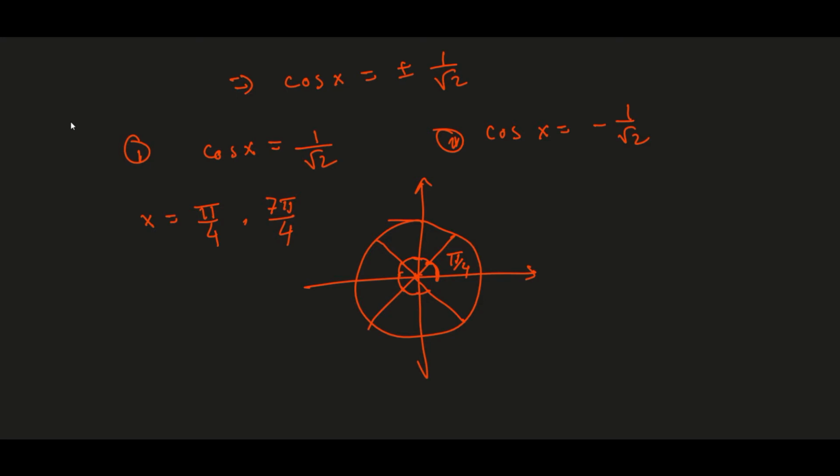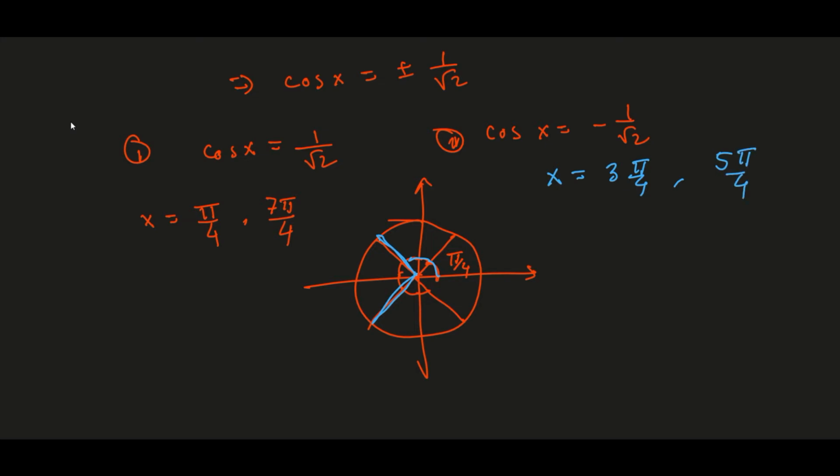Now if we take care of the second expression, cosine x equals negative 1 over root 2. Cosine function is negative only in quadrant 2 and quadrant 3. So the angle in the second quadrant is 3 pi by 4. So we can write x equals 3 pi over 4, and the other angle is 5 pi over 4.